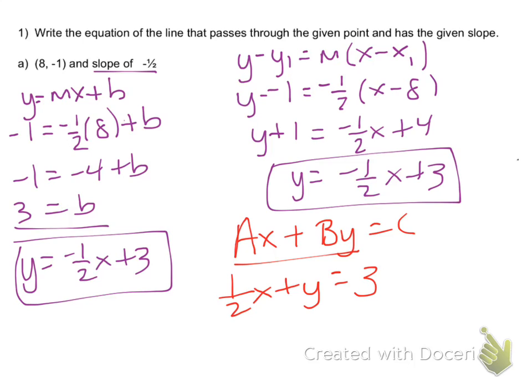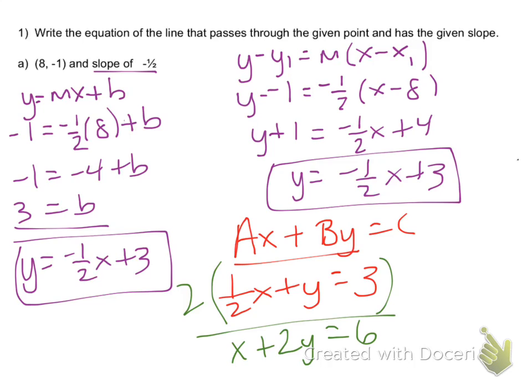But remembering that we are not supposed to have a fraction, and a, b, and c are supposed to be integers, I will have to multiply everything in the equation by 2. Then I'll get x plus 2y equals 6, and this is the equation in standard form. So all three of these are the same line, in slope-intercept form and standard form.